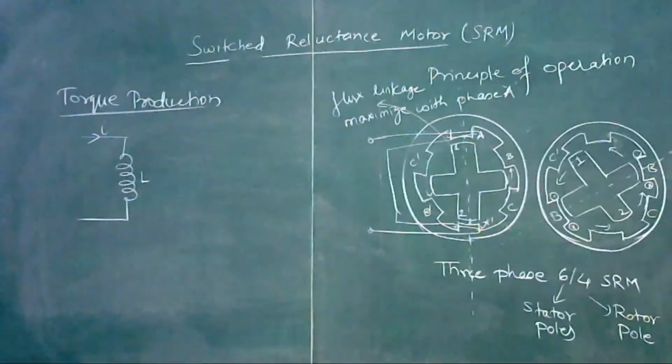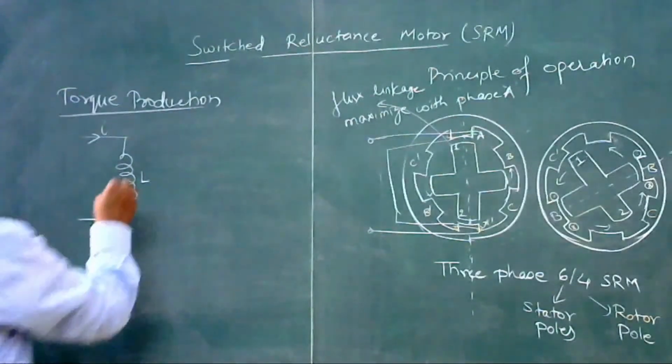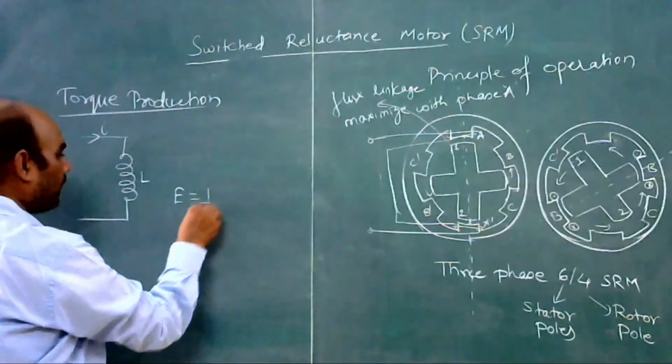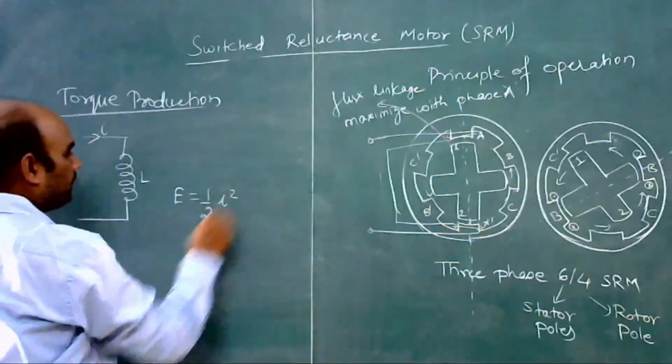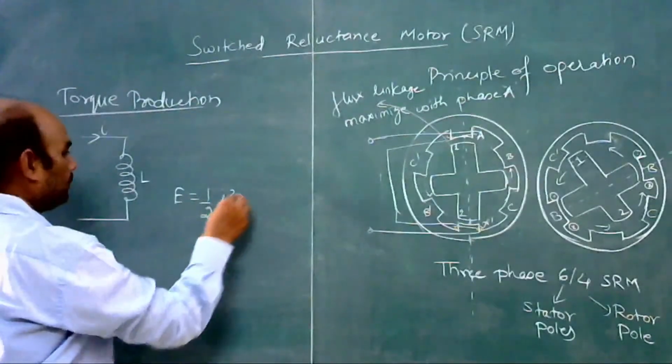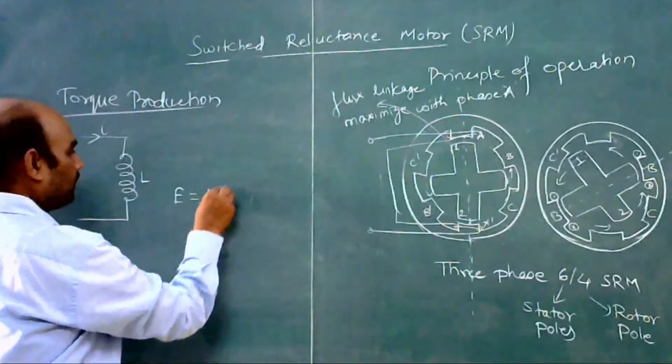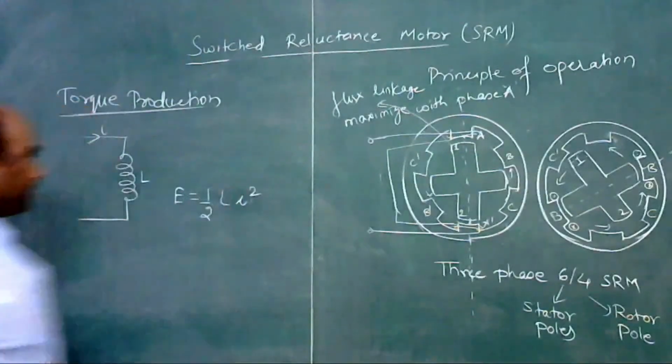So the energy stored in this inductor is E equal to half L I square.